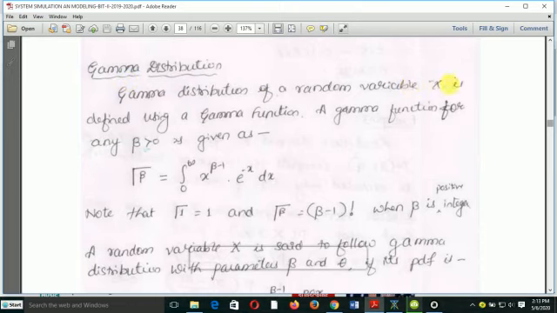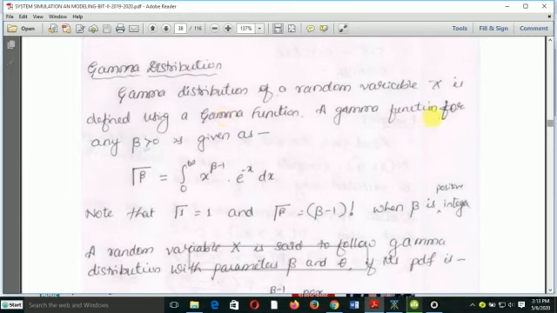So to define this type of variable x, which follows gamma distribution, we have to define it using a gamma function, which is a function that will help us check whether the random variable x follows gamma distribution.